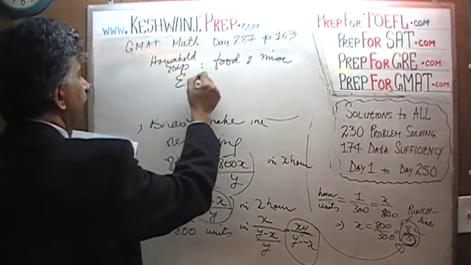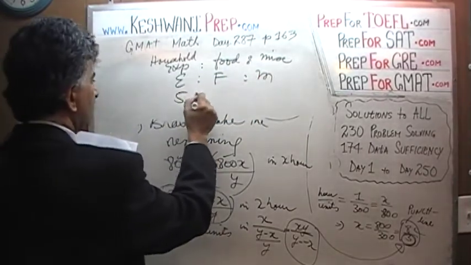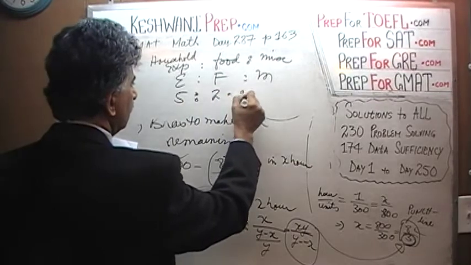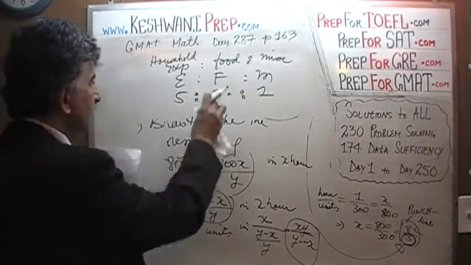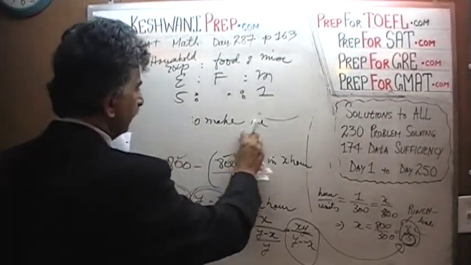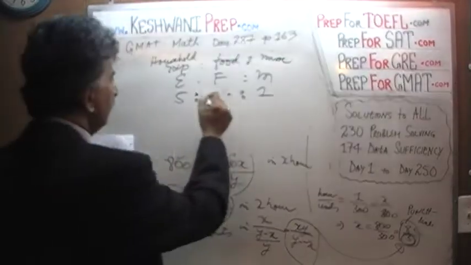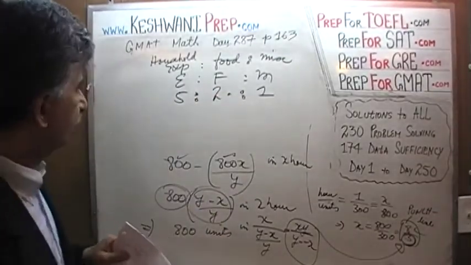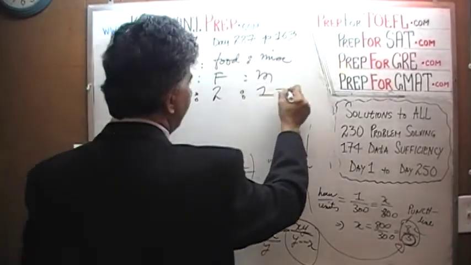Let's call them E, F, and M. And we are told that they are in a ratio of 5 to 2 to 1. I need the room, so we're going to have to erase this part. 5 to 2 to 1. Well, 5 plus 2 is 7, 7 plus 1 is 8. There are 8 parts.